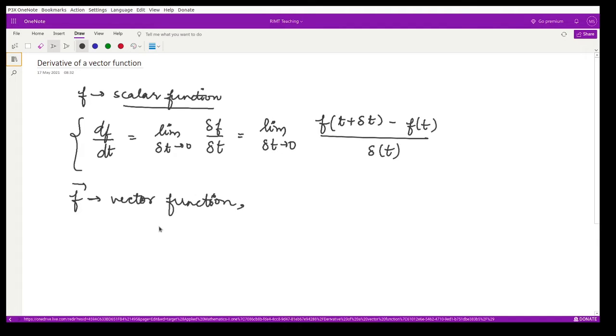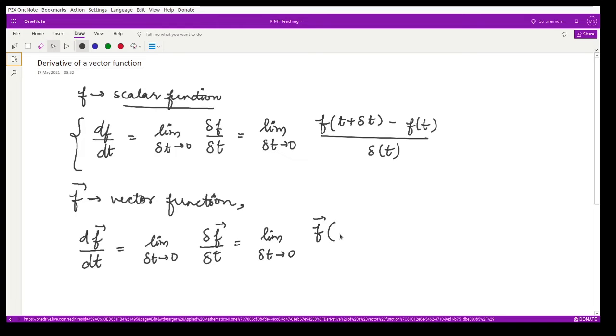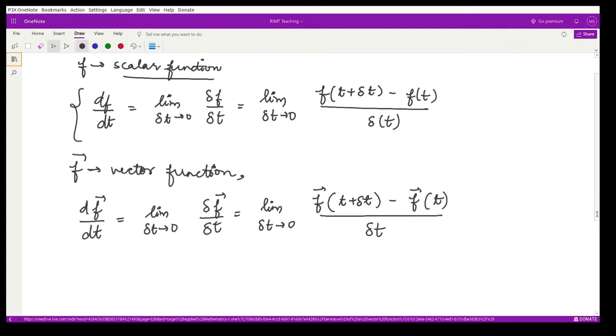If this is a vector function of some single variable, then its derivative with respect to the variable t is also defined in a similar way, but using the vector function: limit delta t goes to 0 of the vector function f defined at the point t plus delta t minus the function f defined at the point t, divided by delta t. So this is the definition which defines the derivative of the given function.